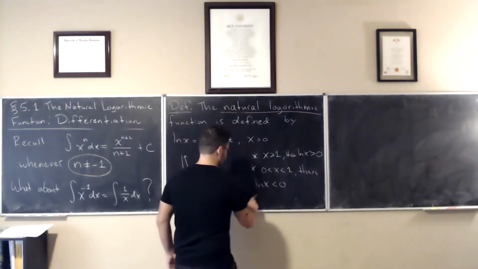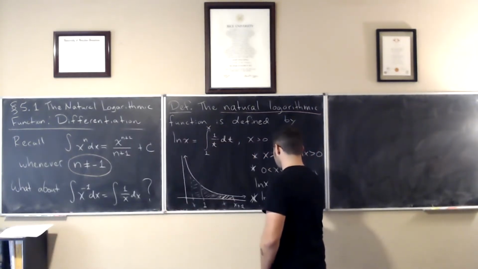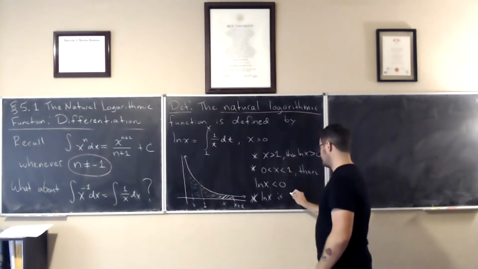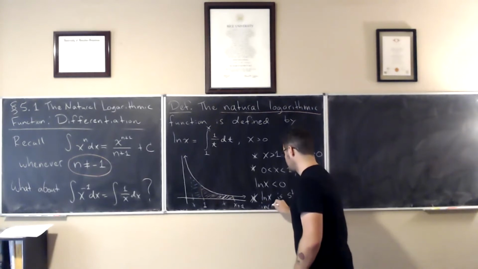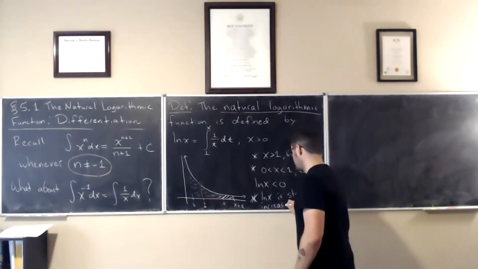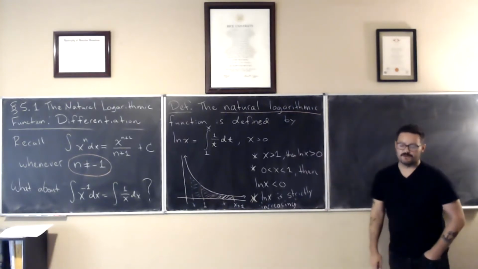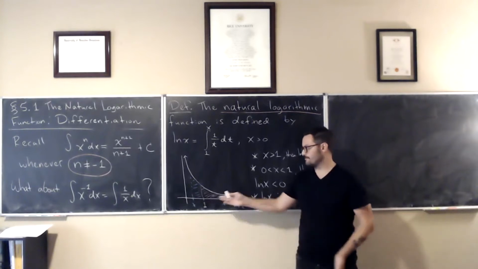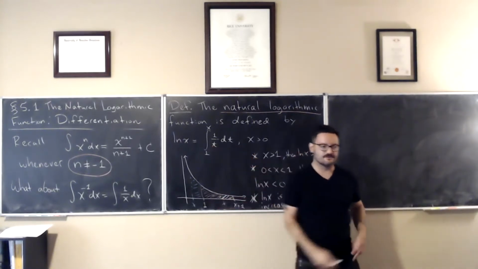So the next point to note is that the natural logarithmic function is strictly increasing. Hopefully that makes sense. You see that if you pick larger and larger x, you're just getting more and more area under the curve, so that function is increasing.